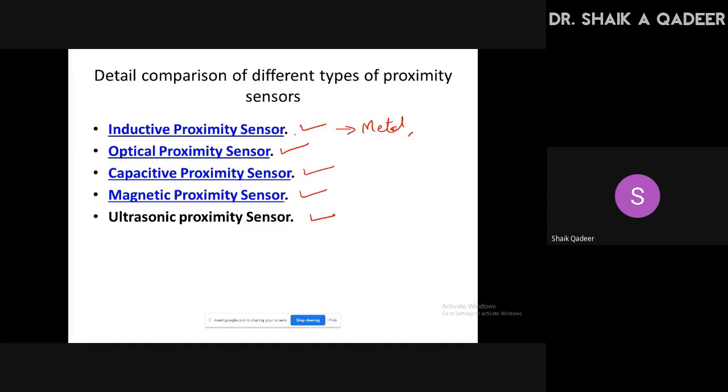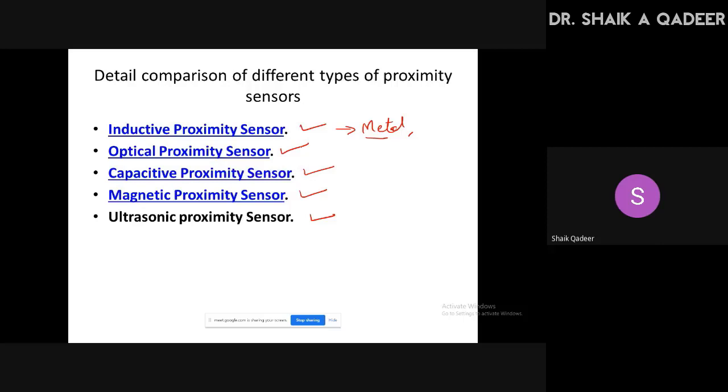That is, when an object is available in the field of detection, because of its influence, an eddy current is induced in the sensor. Due to that induction of eddy current, an electromagnetic force is created. So that is the principle, and for that to be detected, the object should always be metal.